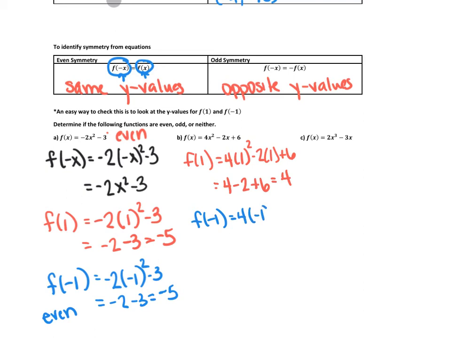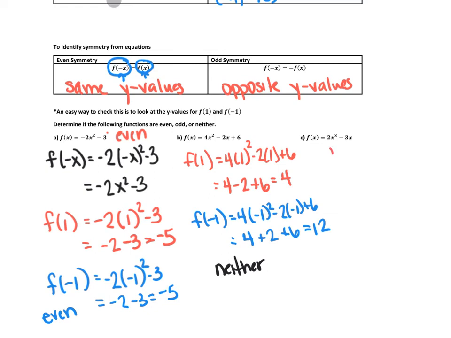That's 4 times negative 1 squared minus 2 times negative 1 plus 6. Negative 1 squared is 1 times 4 is 4. Negative 2 times negative 1 is a positive 2 plus 6. So that's 4 plus 2 plus 6. That's equal to 12. If we compare the values 4 and 12, two questions I want to ask. Are they the same y values? No. Are they opposite y values? No, they're totally different. That makes this a neither. So it's neither even nor odd.